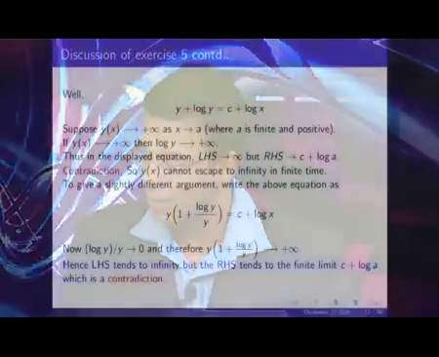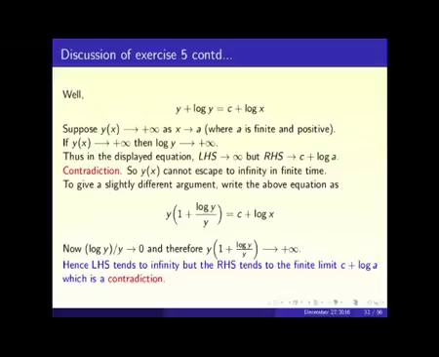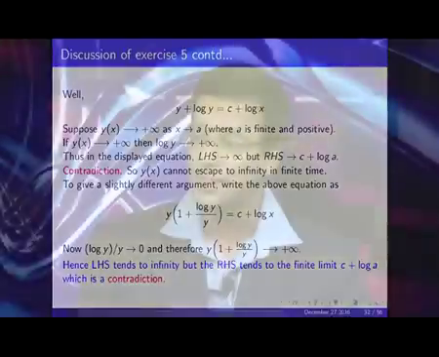So 1 plus log y by y will converge to 1. So this parenthesis will go to 1 and y goes to infinity. So the left hand side goes to infinity, the right hand side goes to a finite limit. That's a contradiction. So we have answered the question immediately. We see that y of x cannot escape to infinity in finite amount of time.